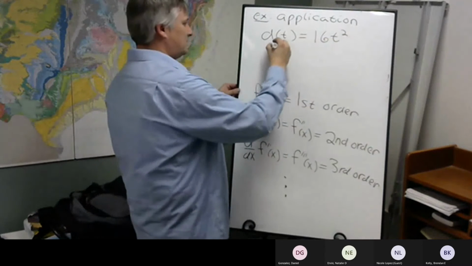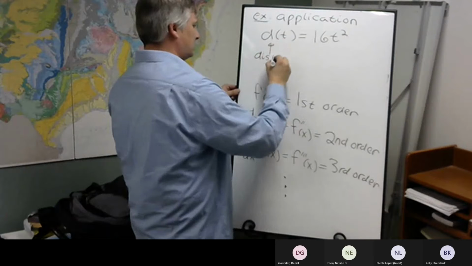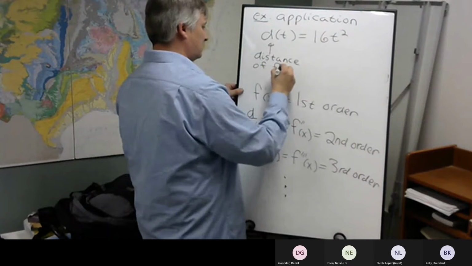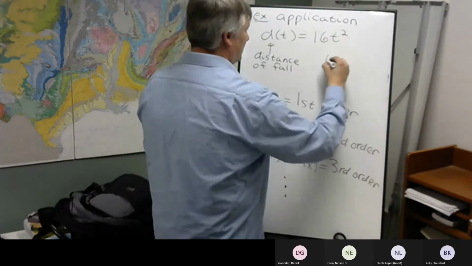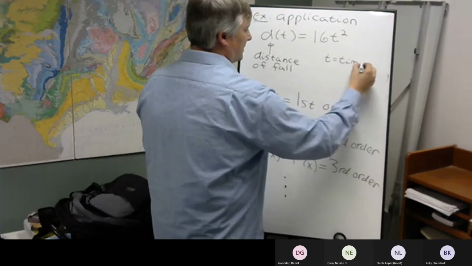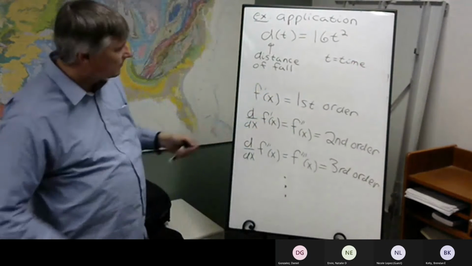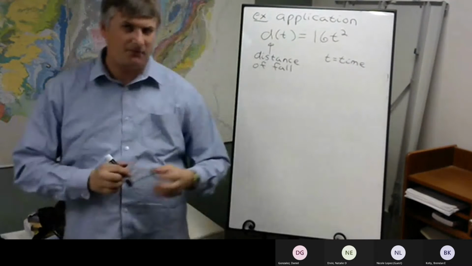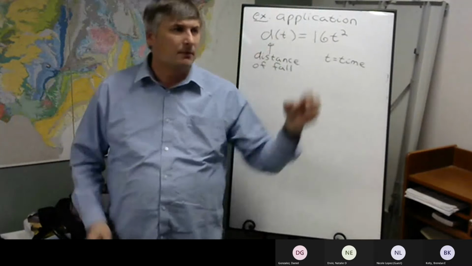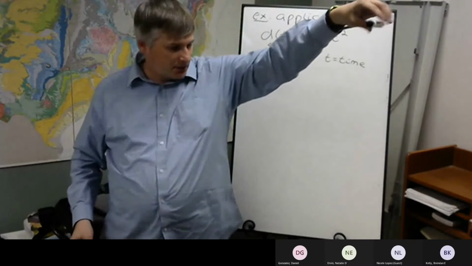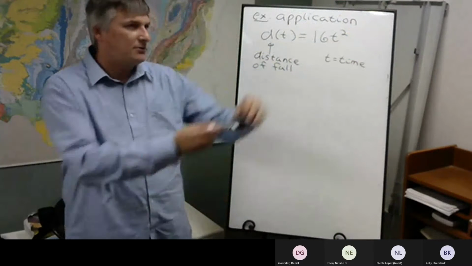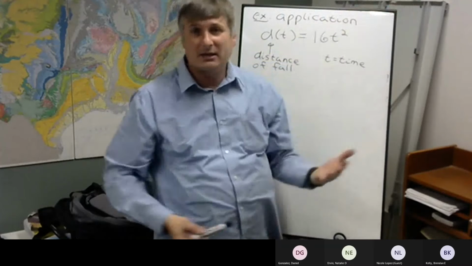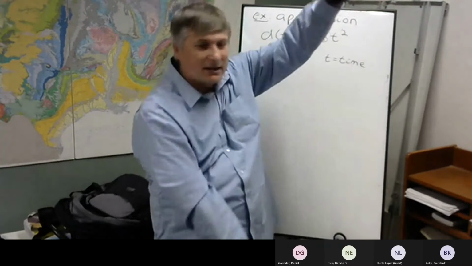Here, this is distance and t is time. This is that formula where if you take something near the surface of the Earth and you drop it, it tells you how far it's dropped. What's the distance from my hand at a given time? So it accelerates down.